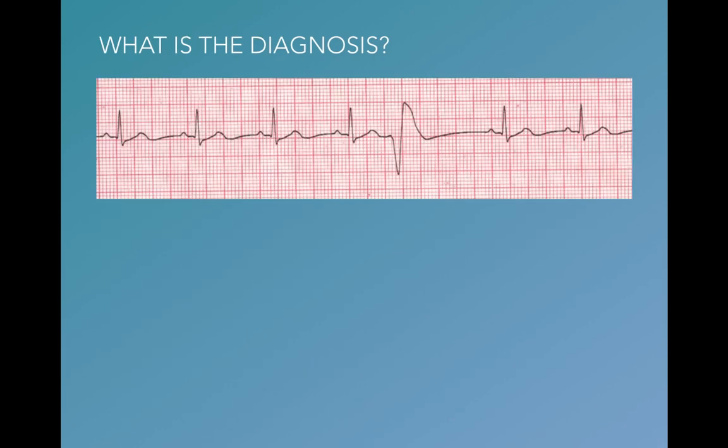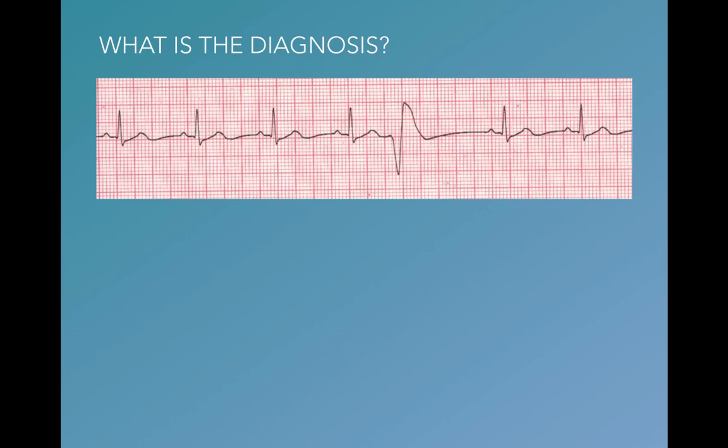Now, what about this? Everything, again, is the same, except you have this, what I would call a wide, enlarged QRS complex compared to everything else. The other thing you'll notice is that there's no P wave in front of it, so it's just this wide QRS complex that occurs faster than the normal PQRST heartbeat does.